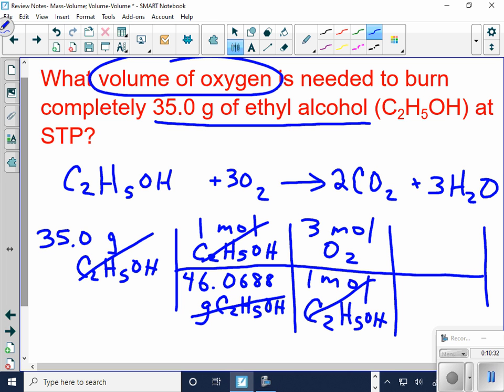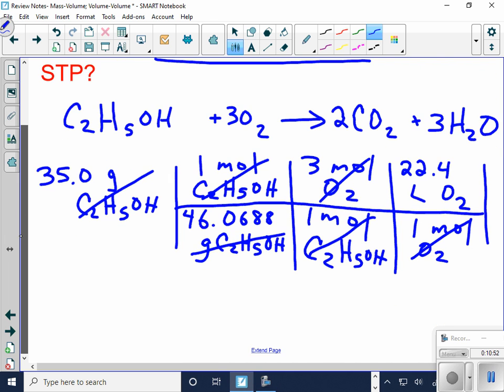So now my final step is converting that into a volume of oxygen. So I know that 22.4 liters of oxygen is equal to 1 mole of oxygen at STP. So my moles will cancel. I have my final answer labeled liters of oxygen.